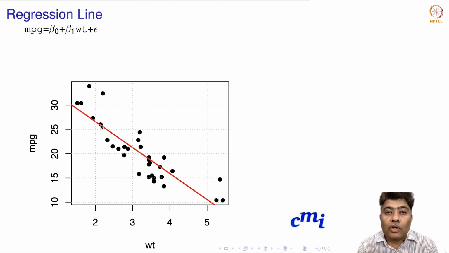Interestingly, this point is almost on the line, so the error for this point will be almost 0. There will be some points on the line or very close to the line, and for them the error will be 0, and then there will be some points here, here, and here, for which some error will be there.